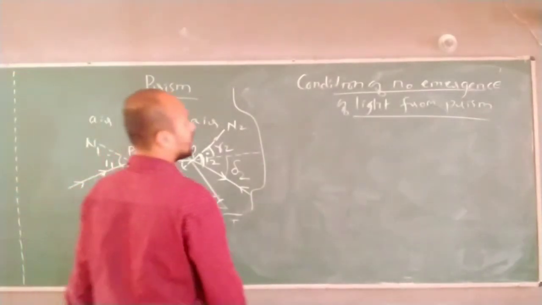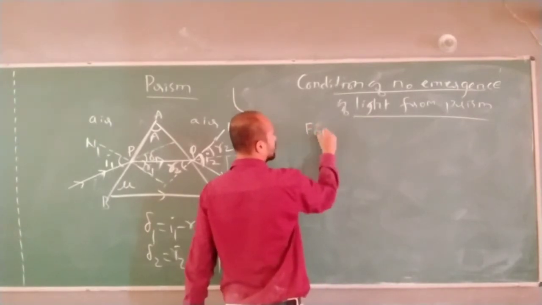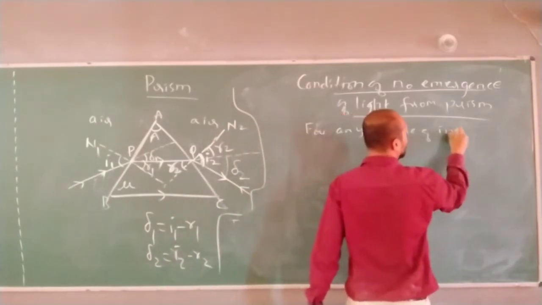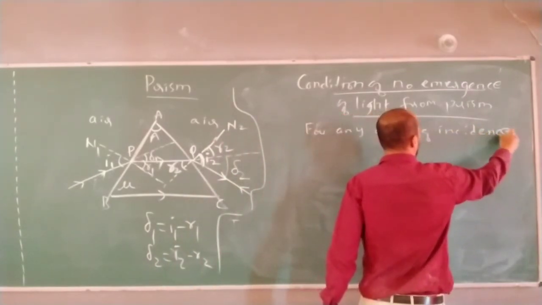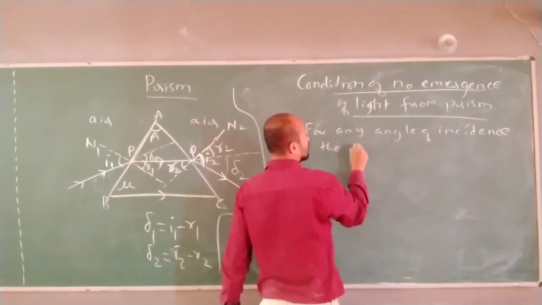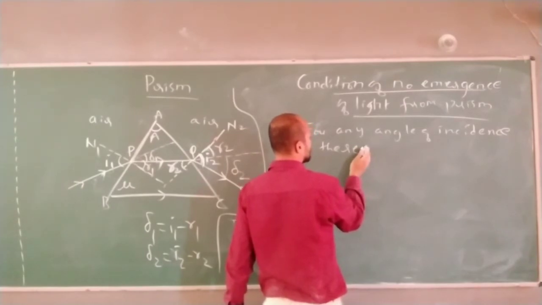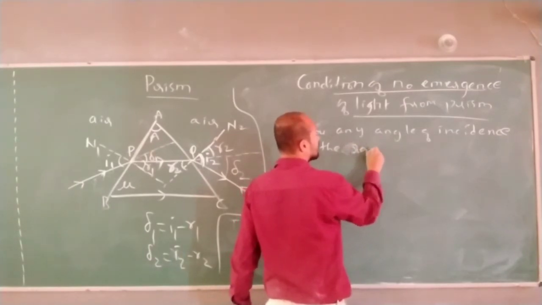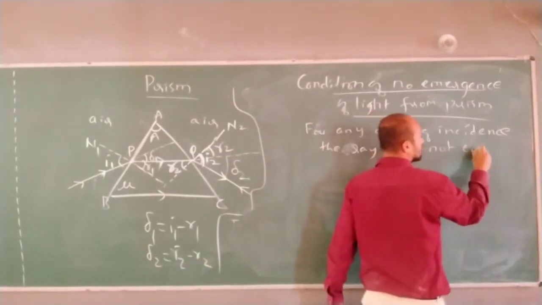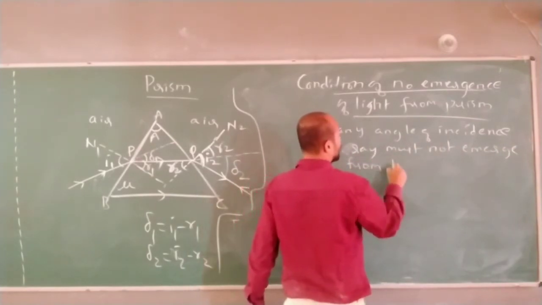Condition of no emergence of light. For any angle of incidence, the ray must not emerge from the prism.